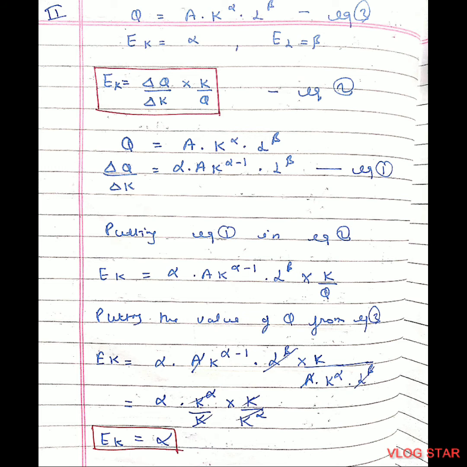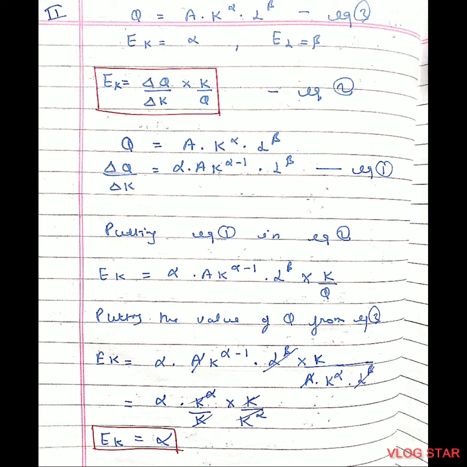Now since we have to find elasticity of K, we will do the derivative with respect to K. Now doing the derivative of the production function. When we do the derivative with respect to K, since we are doing the derivative with respect to capital, labor will become constant and we'll apply the power rule. The power will come forward and it will be subtracted by 1.